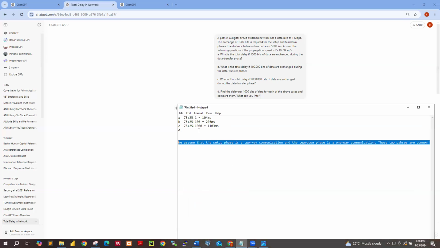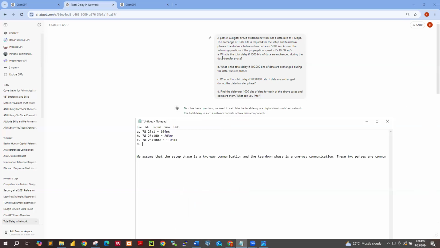Because when you look at what we have over here, we are expecting the first one to give us 104 milliseconds. That is the first question: what is the total delay of 1000 bits of data exchanged during the data transfer phase? The second, that is the B aspect, we are supposed to get 203 milliseconds.